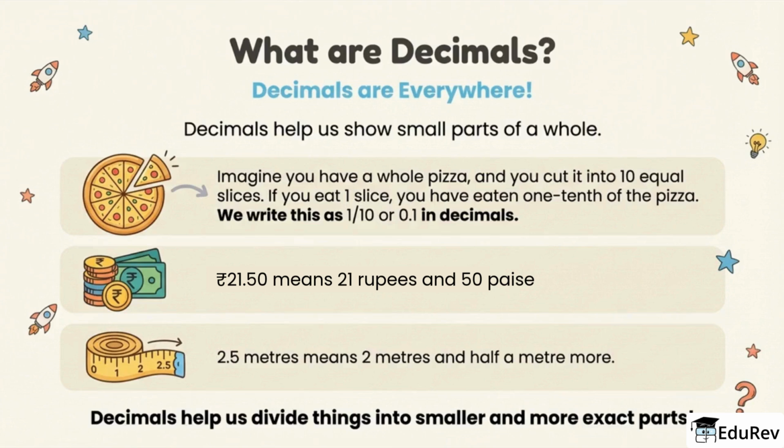In money, 21.50 means 21 rupees and 50 paise. And in measurement, 2.5 meters means 2 whole meters and a half meter more. Decimals let us be precise when we split things into smaller parts.